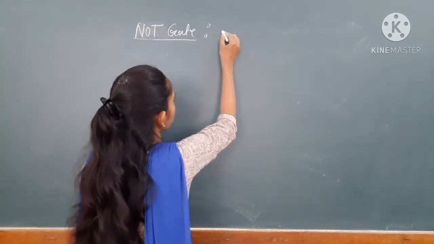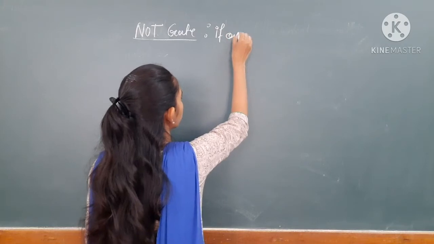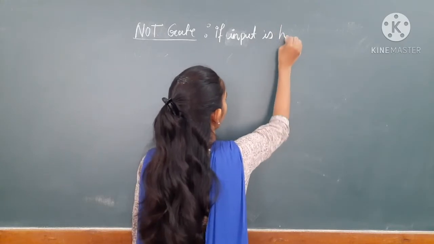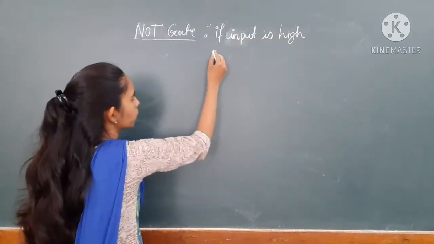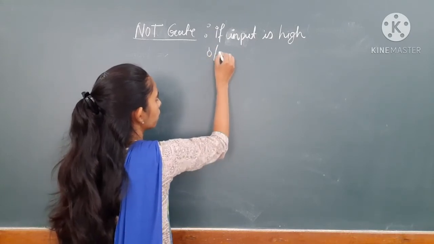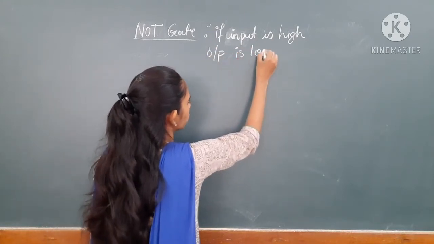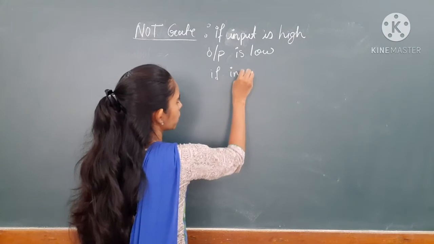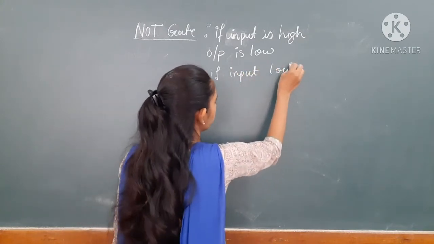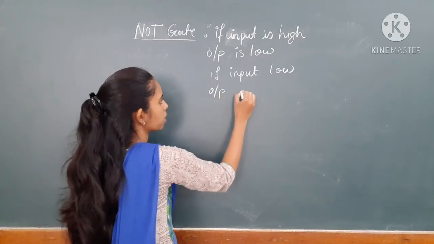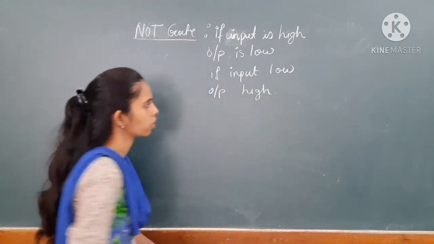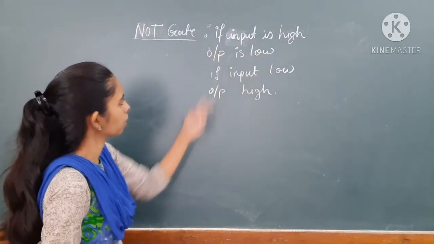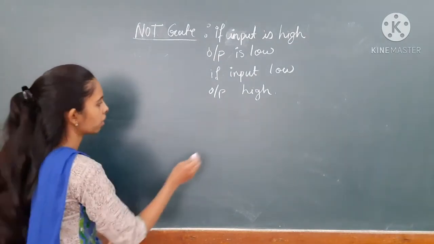NOT gate means if the input is high, then the output will be low, and if the input is low, then the output will be high. So this means it is taking a negation. Therefore there is a bar at the output.